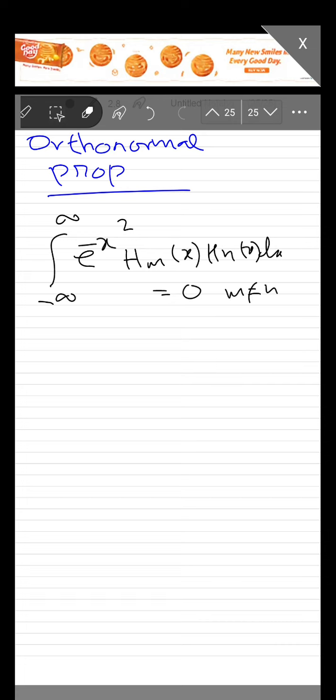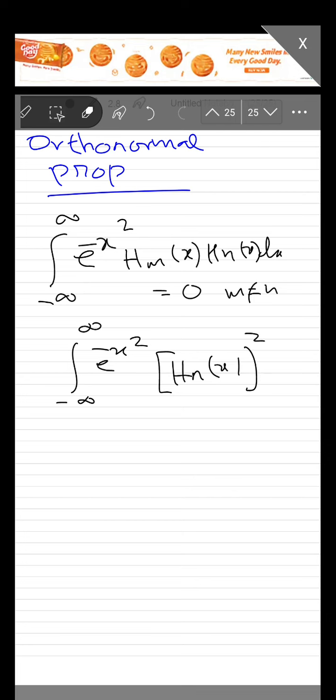That's the first relationship. And the second relationship is the integral from minus infinity to infinity of e to the power minus x square (H_n(x)) whole square dx. This is equal to 2 to the power n into n factorial into root pi.